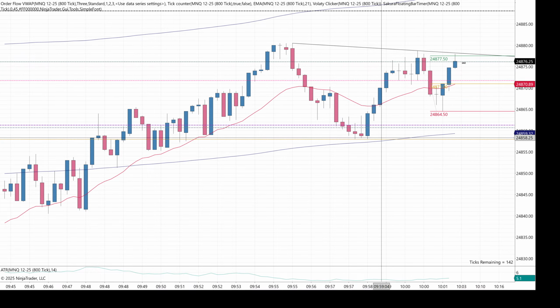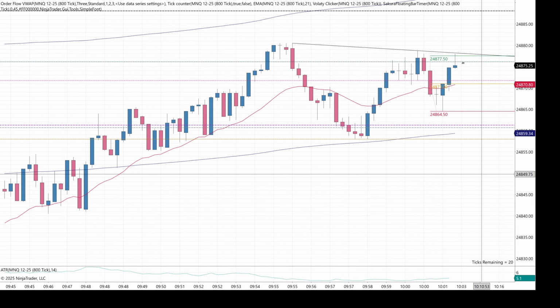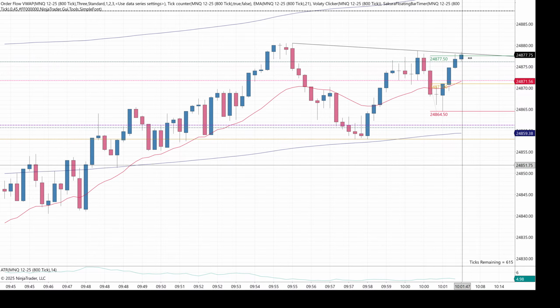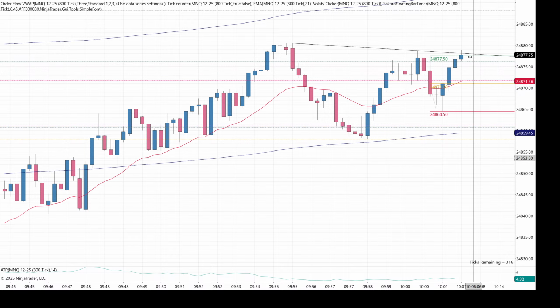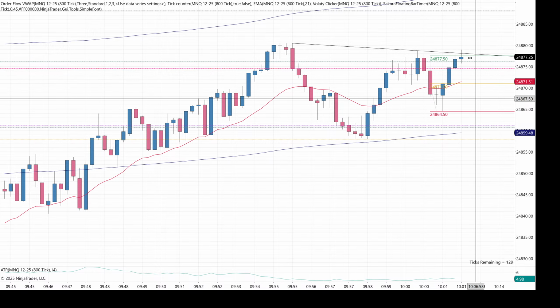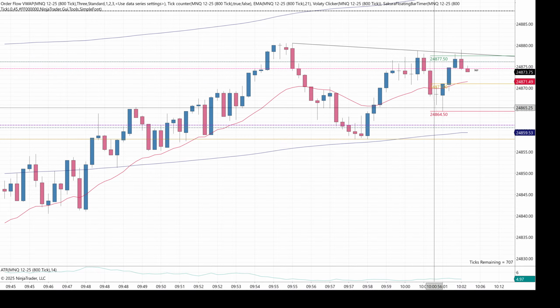This hit target. Runner is still running. Runner is out.